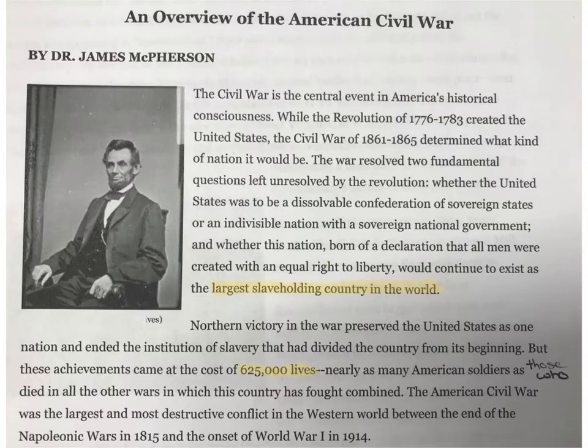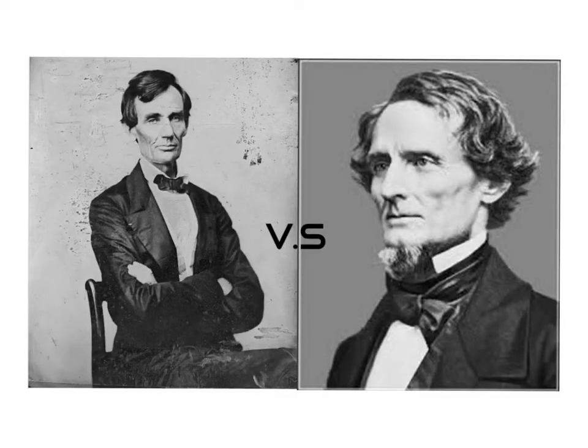Now let's take a moment to look at some pictures that relate to the beginning of the Civil War and some people that you obviously will have to know in order to understand what was going on between the North and the South during the Civil War period. The first picture we're going to look at is here with the two leaders of the two parts of the nation during the Civil War.